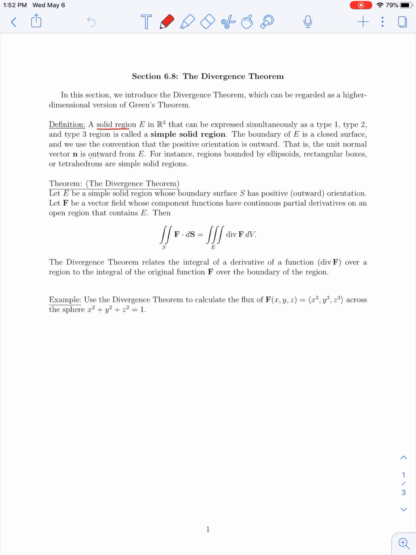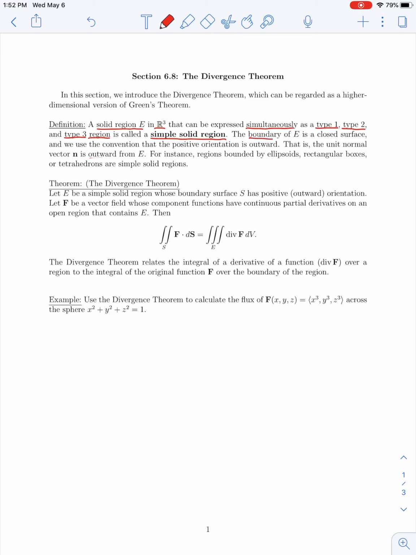We would say that a solid region E in space that can be expressed simultaneously as a type 1, a type 2, and a type 3 region is called a simple solid region.